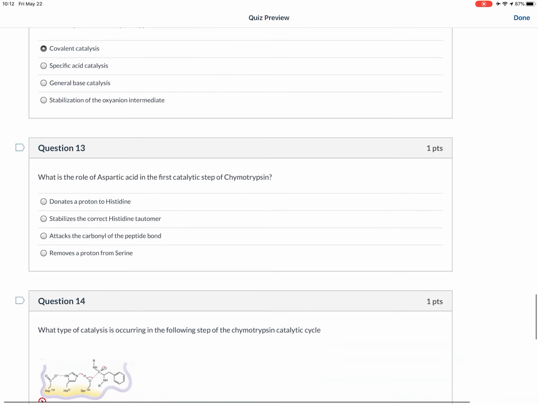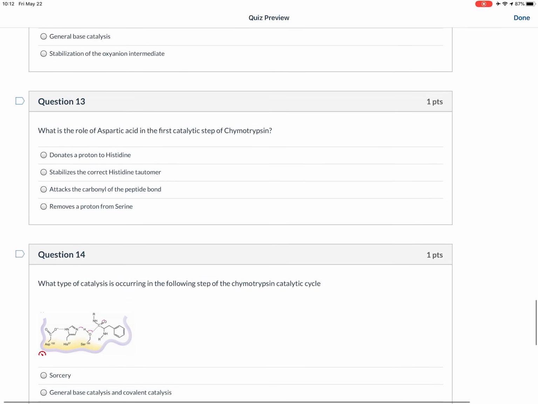What is the role of aspartic acid in this first step of chymotrypsin? Now the answer here is it stabilizes the correct histidine tautomer. If you look down at histidine in the picture on question 14, you see that histidine has 2 nitrogens in that ring. The fact that one of those hydrogens is participating in a hydrogen bond with aspartate means that histidine is not only locked in place, but we're not going to have flipping of that double bond.